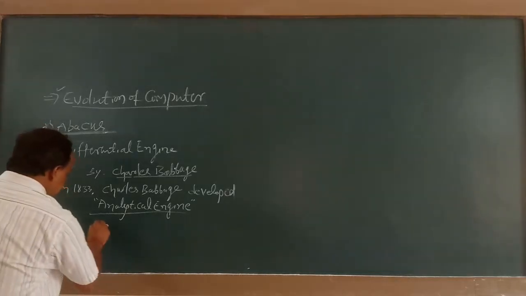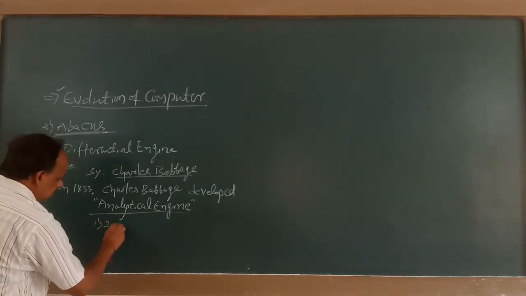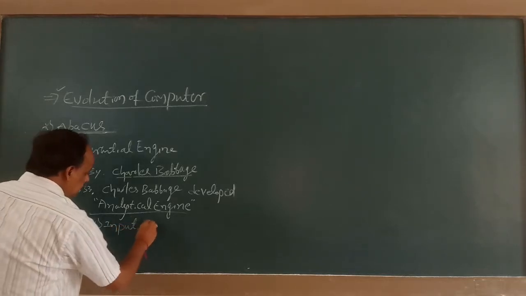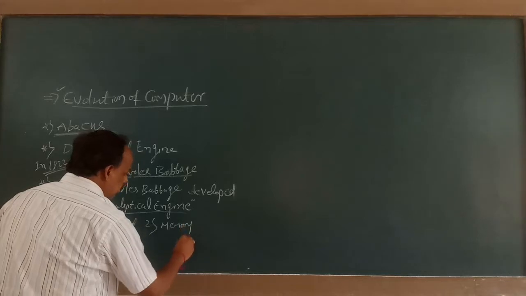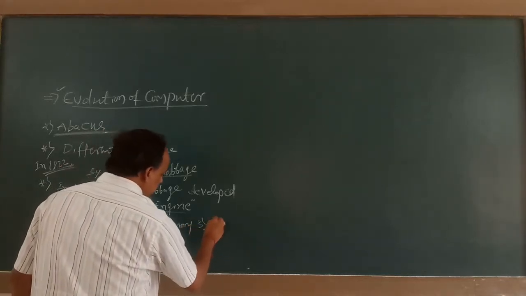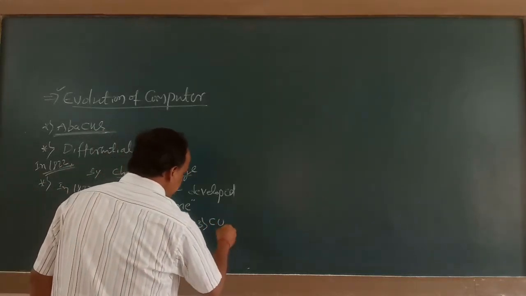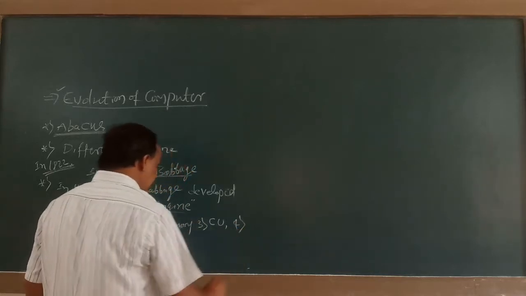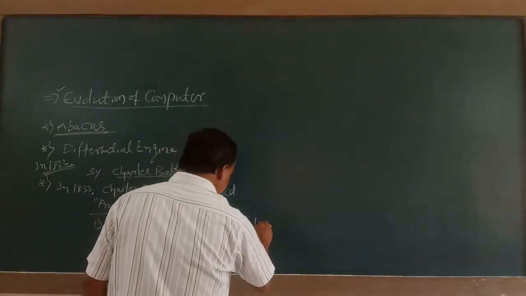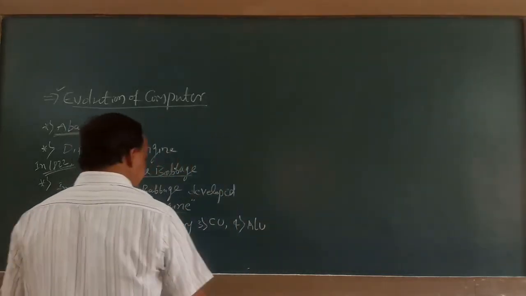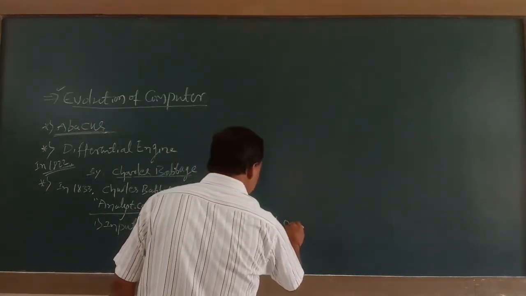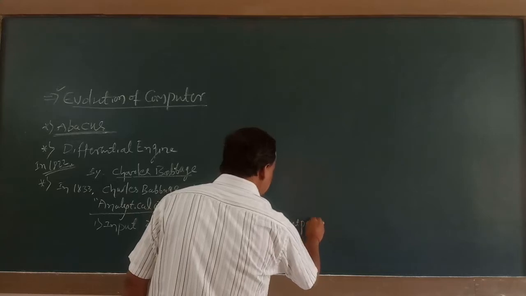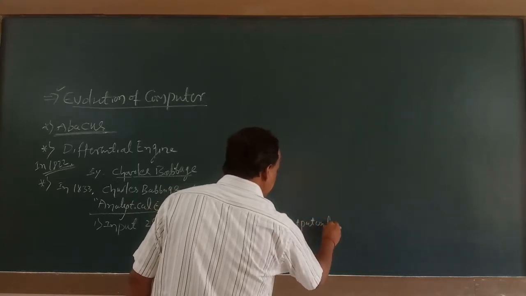That is, first one, input; second one, memory; third one, control unit; fourth one, ALU; and fifth one, output unit.